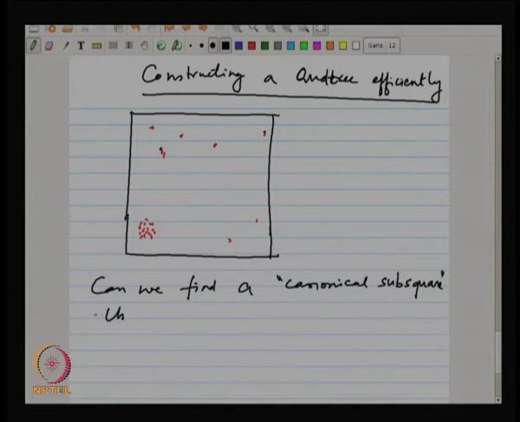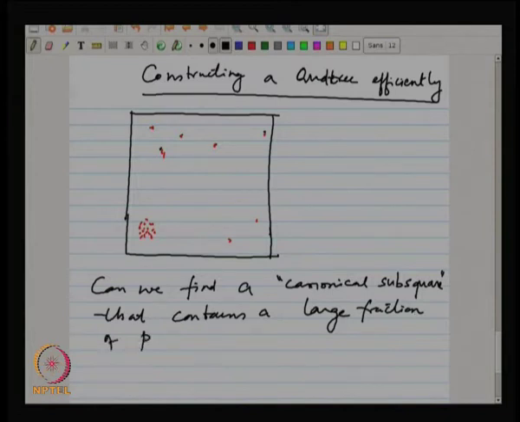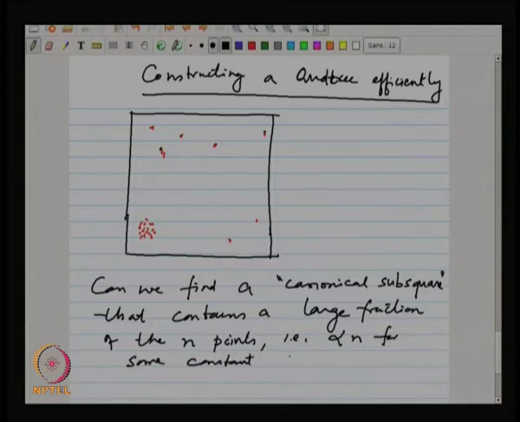So, can we find a canonical subsquare that contains a large fraction of the points, where large fraction is a constant fraction of the n points, let us say some alpha n for some constant alpha?